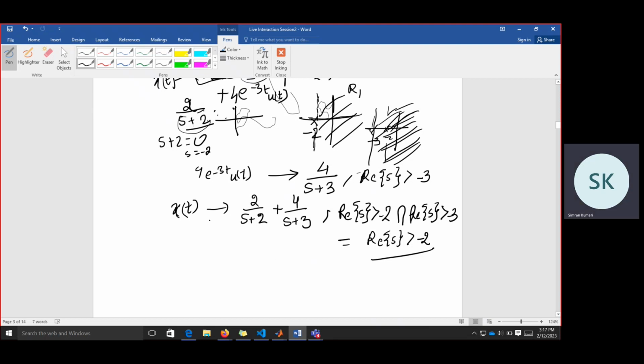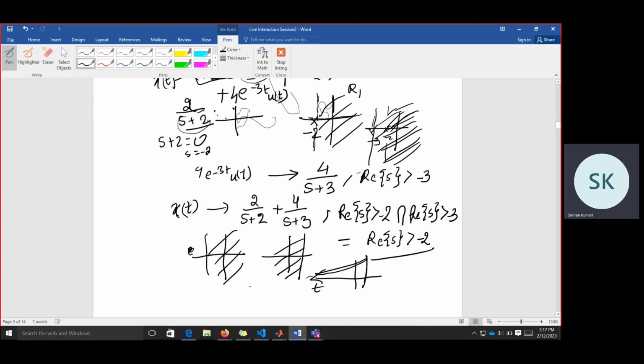Fine. There will be some signals in which the ROC is not defined. Suppose there is a signal such that its ROC is like this, and there is another signal whose ROC is to the left of this. So which type of signal is it? It is like a non-causal signal, which has values with decreasing time, like left-sided.